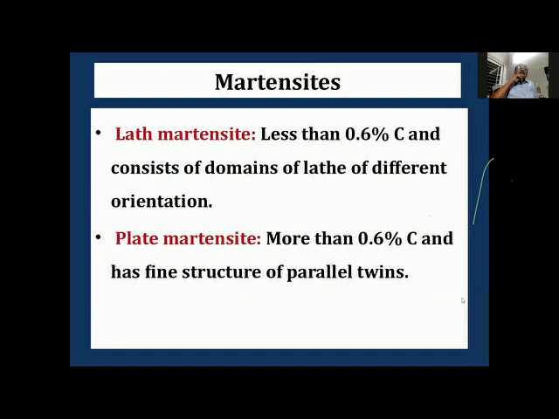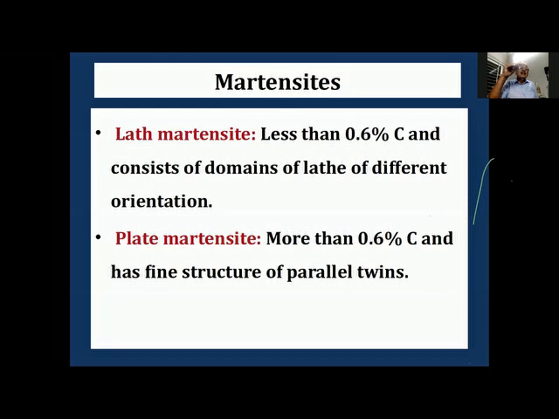We all know that case microstructure needs a good amount of martensite. Now, martensite is of two types. One is lath type martensite, which has less than 0.6% carbon. So invariably, the core will have some amount of lath martensite at least.